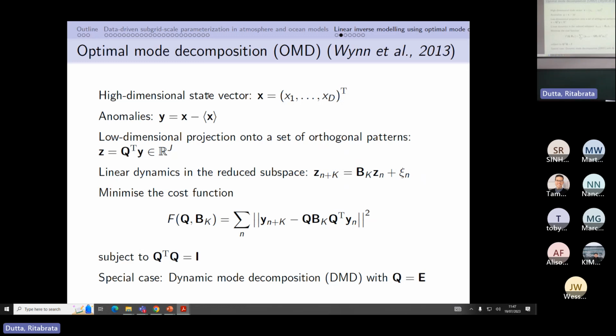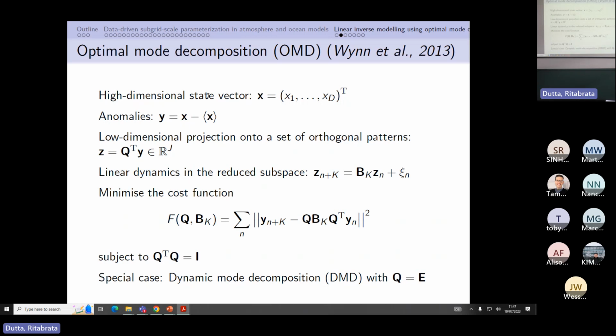And just the essence. We start with a high dimensional state vector X, dimension D, form anomalies. That's the time mean. Now the goal is to have a reduced model. So we project the state vector onto a set of orthogonal patterns. And it's low dimensional, so we keep only J patterns.